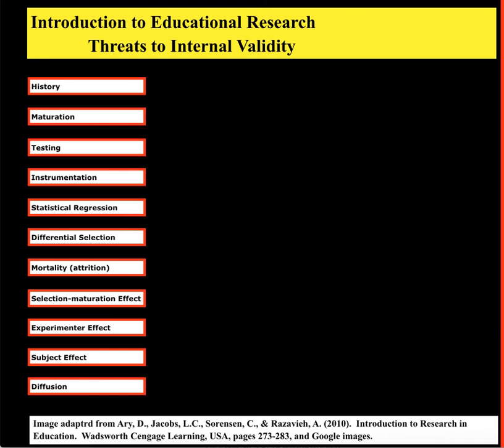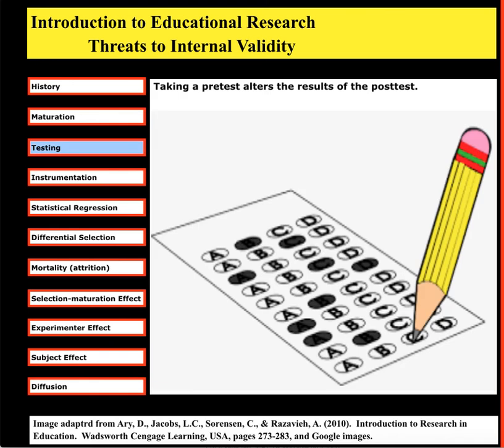Another threat to internal validity is testing. The term testing effect refers to subjects' performance on a post-test after having taken a pretest. On research designs that use a pretest and post-test, subjects may perform better on the post-test as a result of having taken the pretest.